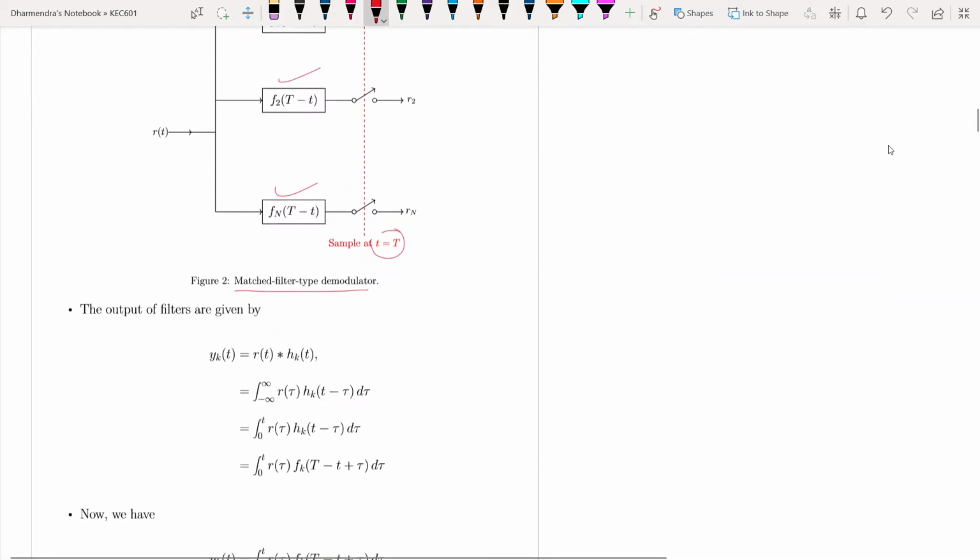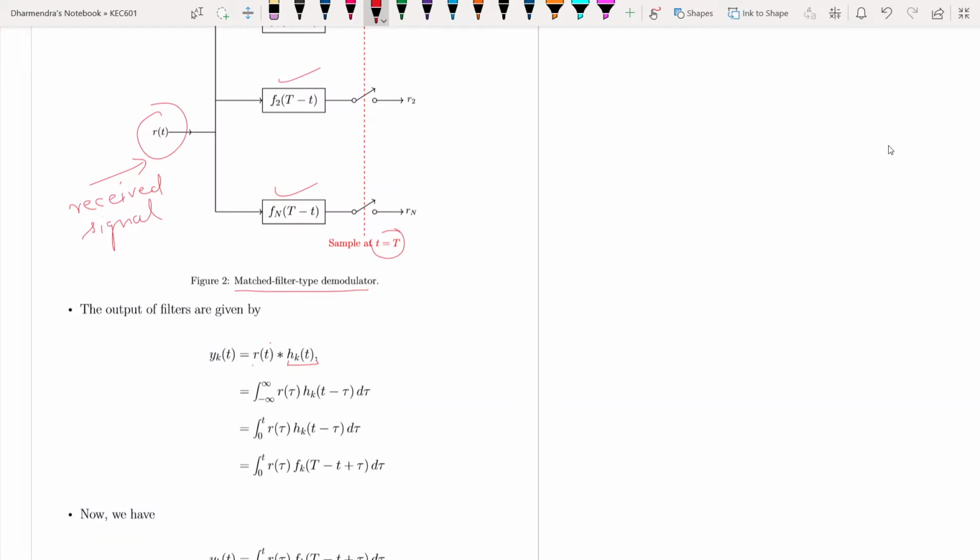The output of the kth filter is denoted by y subscript k of t, which is the convolution of the input r of t, the received signal, with the impulse response of the kth filter.